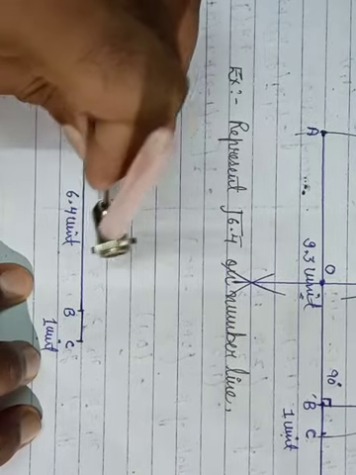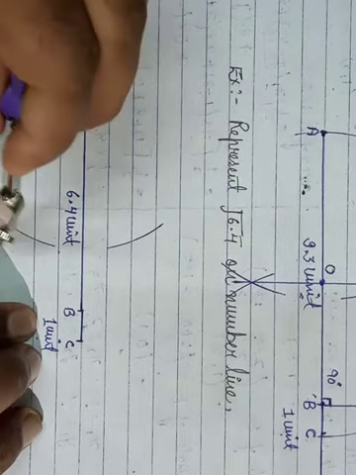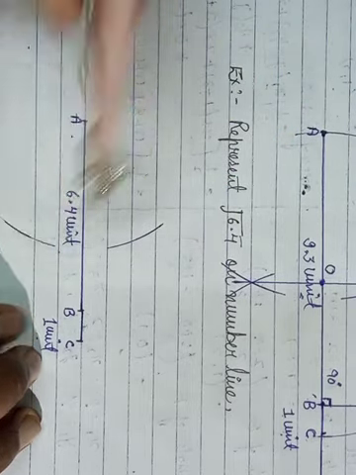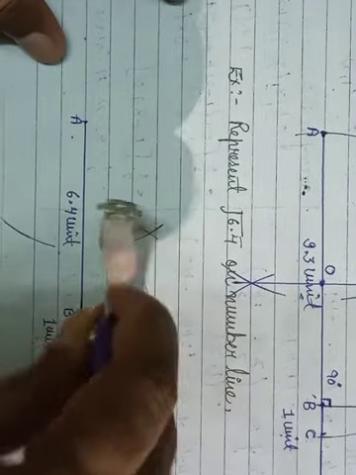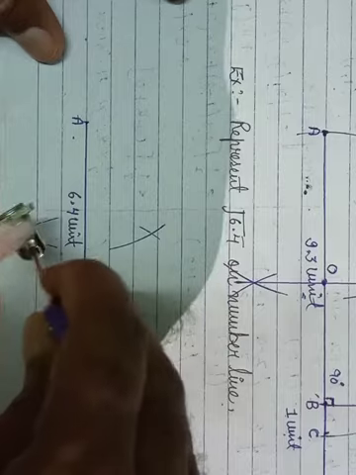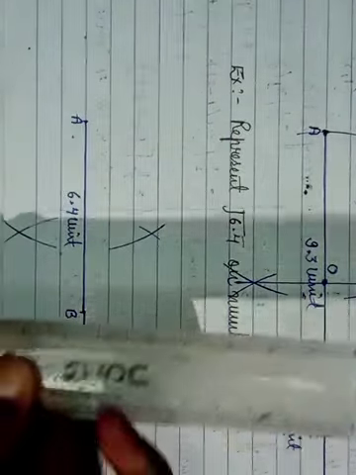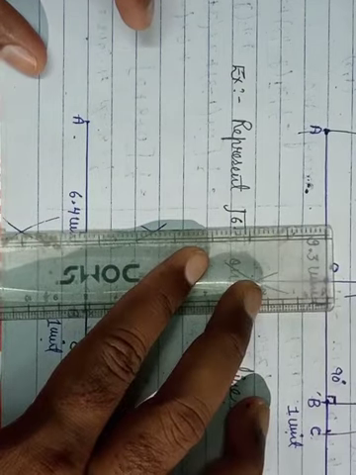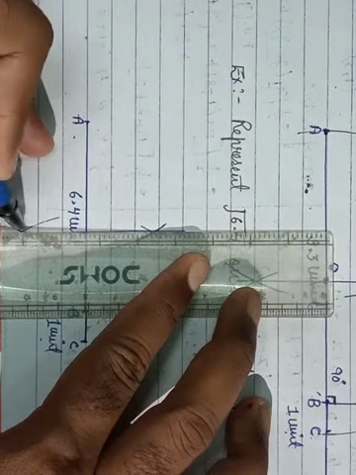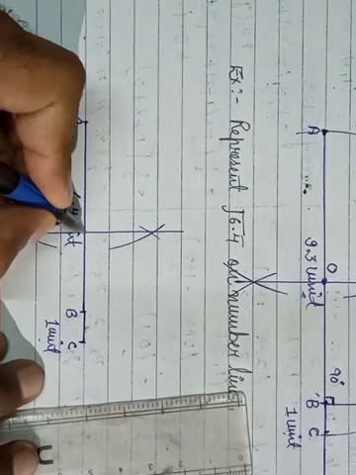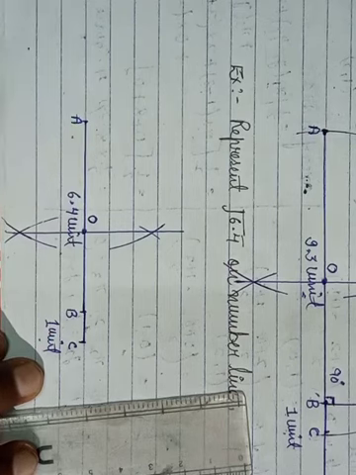Open your compass more than half, cut an arc. Now taking C as a center, cut an arc. Now you can see here it is the bisector of AC which meets the line at point O. Remember that O is the midpoint of AC.